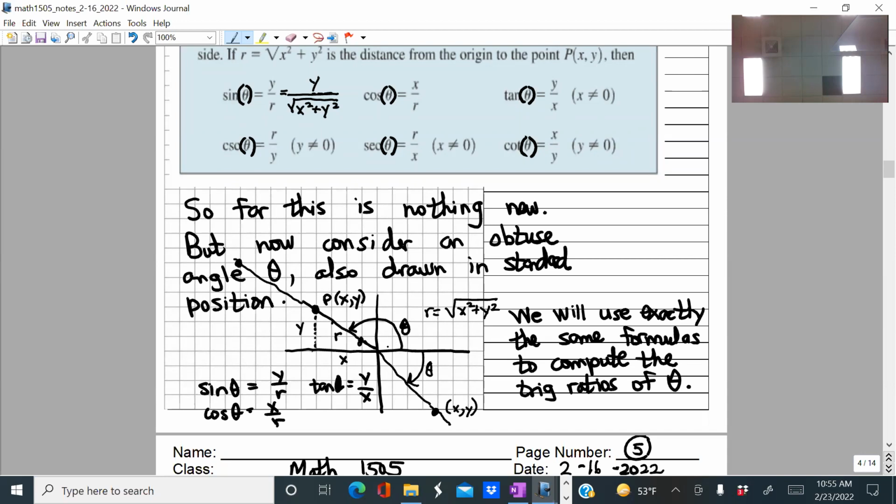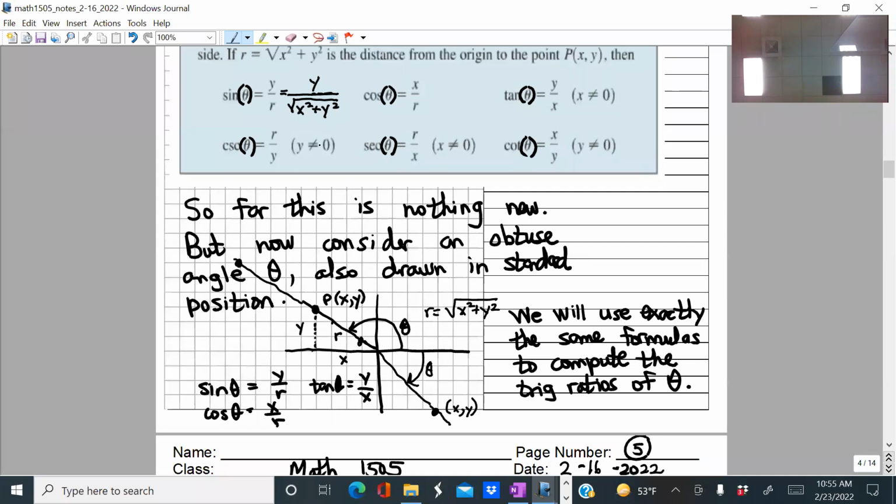So what we're going to do is the same thing we did in the previous picture. You're going to pick a point on the terminal side, any point you want. Now here's how you define the trig ratios for the angle theta. The sine is going to be y divided by r. What's r? It's the square root of x squared plus y squared.